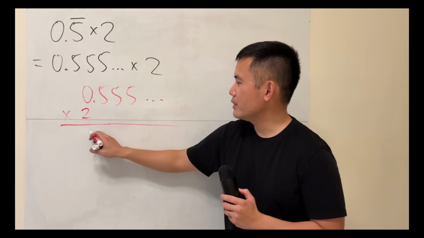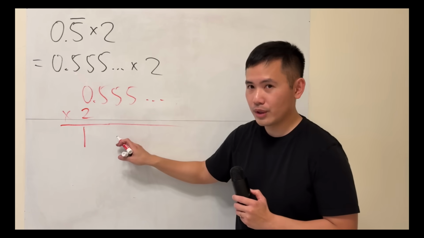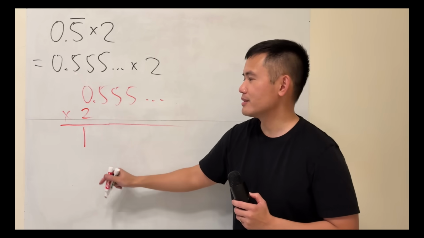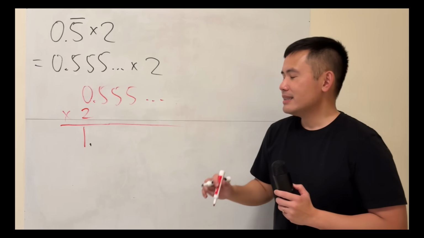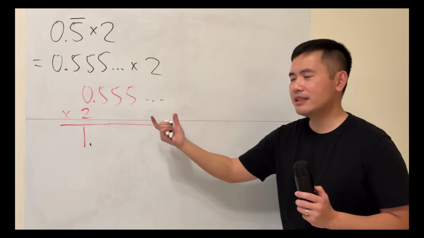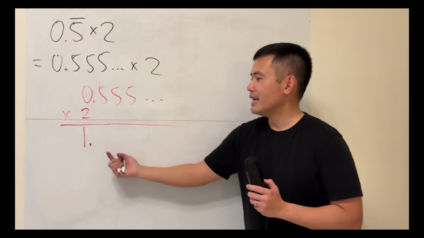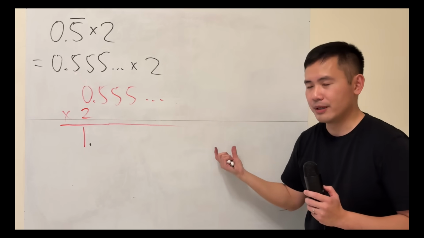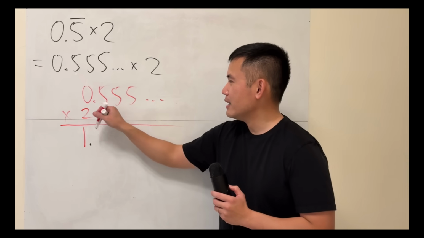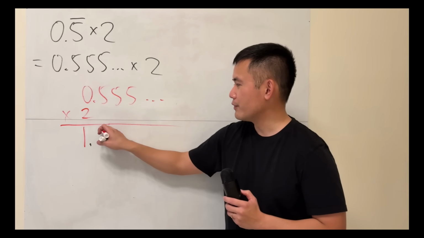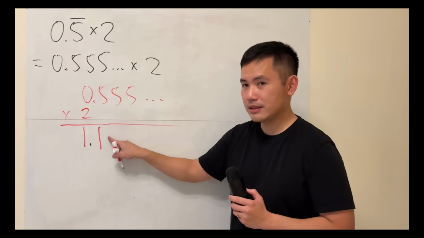2 times 5 is 10, it's 10 technically. And then line up with the decimal point, so I'll put down the decimal. Technically, we will have to count how many decimal places that we have, but we have infinitely many of them. Anyways, continue. 2 times this 5 is 10, so we have 1 and then 0.